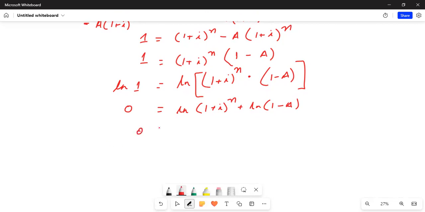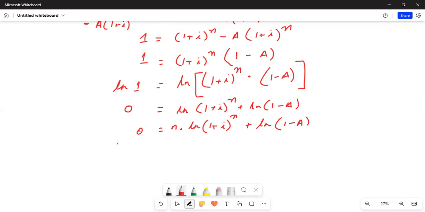So 0 is equal to, using the exponent rule of logarithm, n times ln (1 plus i) plus ln (1 minus a).